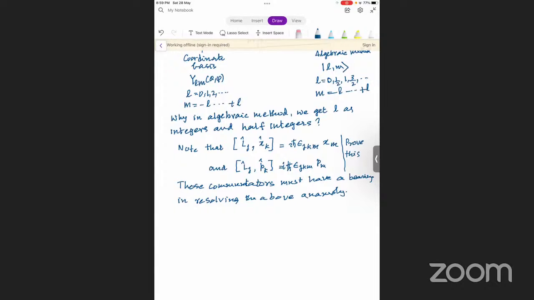For example, classically, if we have an orbital motion of a charge, any orbiting charge corresponds to a magnetic dipole, right?